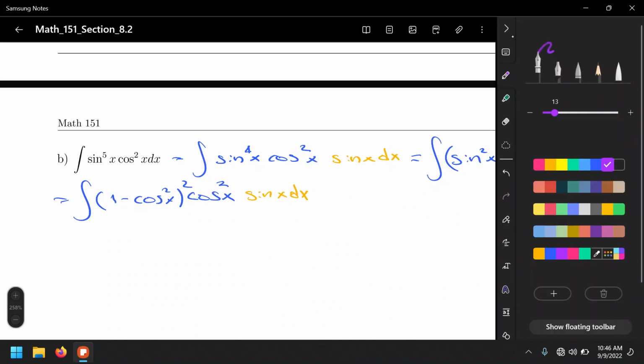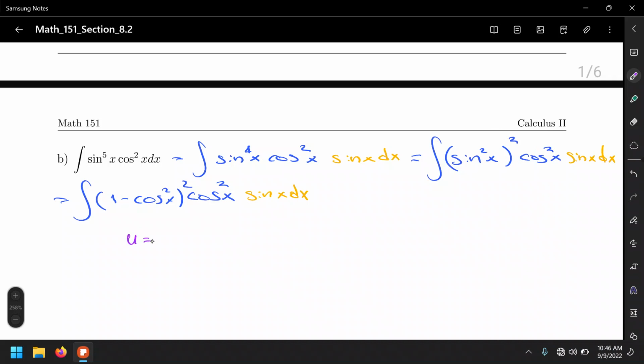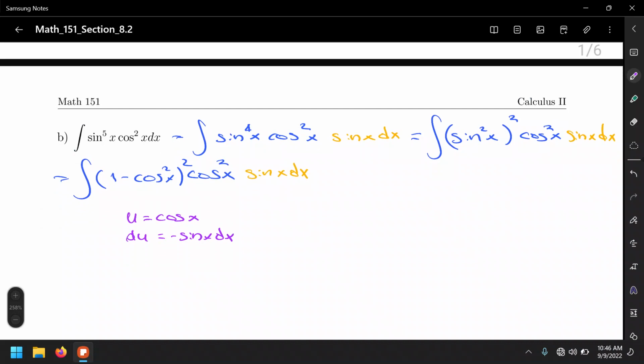So that's going to be, well, u equals cosine x, du equals negative sine x dx. But be careful here, because sine x dx will be negative du.